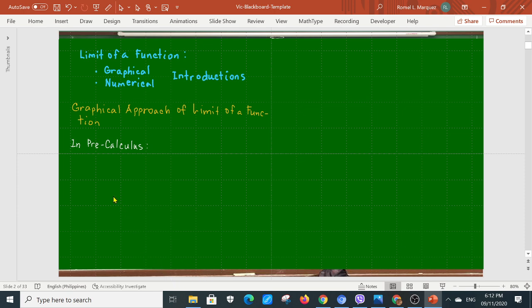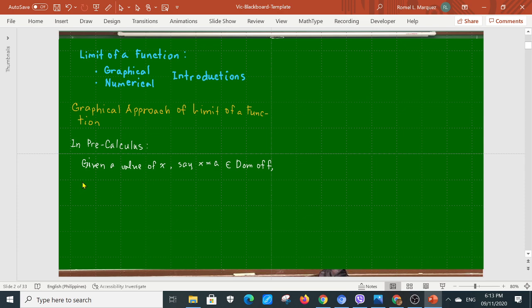So, in pre-calculus, normally this is what we have: given a value of x, say x equals a, and this is in the domain of, let's say, the function f. So that is our function f.